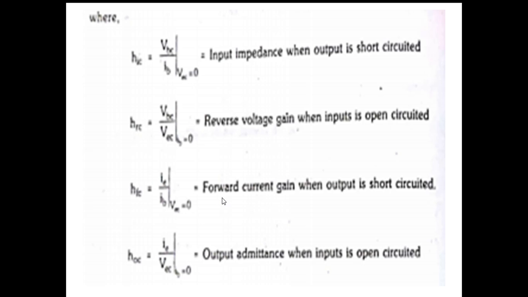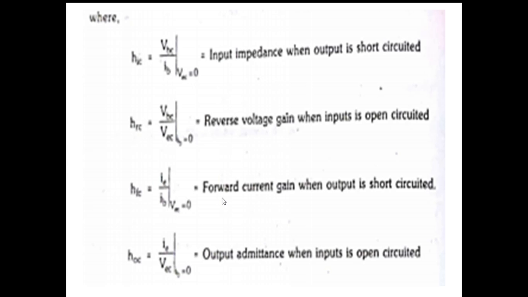So output current by input current must be the current gain. This is in the forward direction. Therefore, forward current gain when output voltage is equal to 0. HOC is equal to IE by VEC when input current is equal to 0.